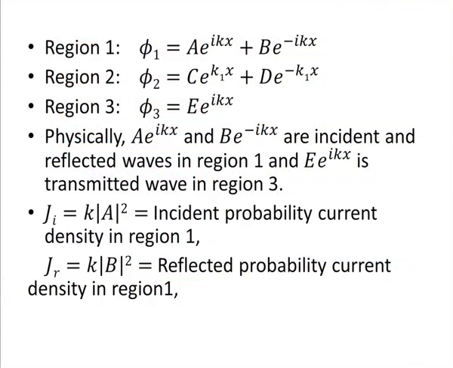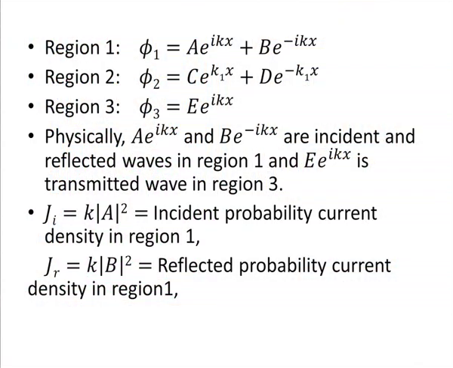Now, you must notice that I have written oscillatory solutions for phi 1 and phi 3 and exponential solutions for region 2, and then from these variables I find the incident probability current density J I and the reflected probability current density J R, both in region 1.